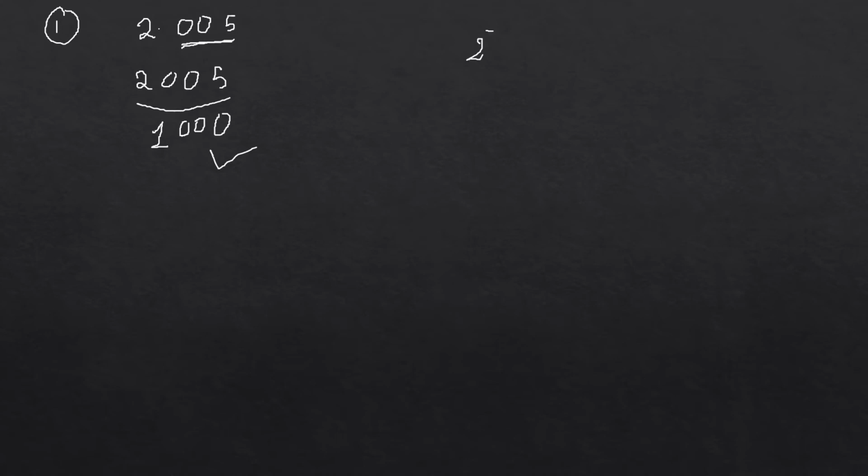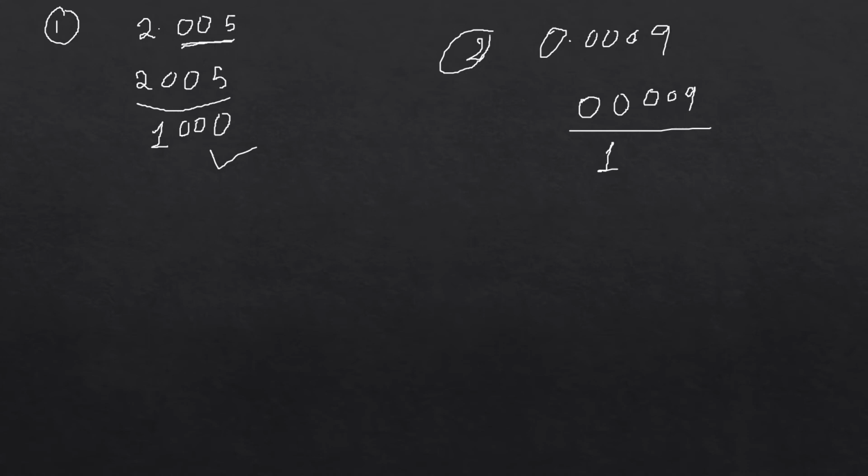And you can have something like 0.0009. If you have this, the first step is to write the number without the decimal point. We remove the decimal point, and we can write it like this, right?